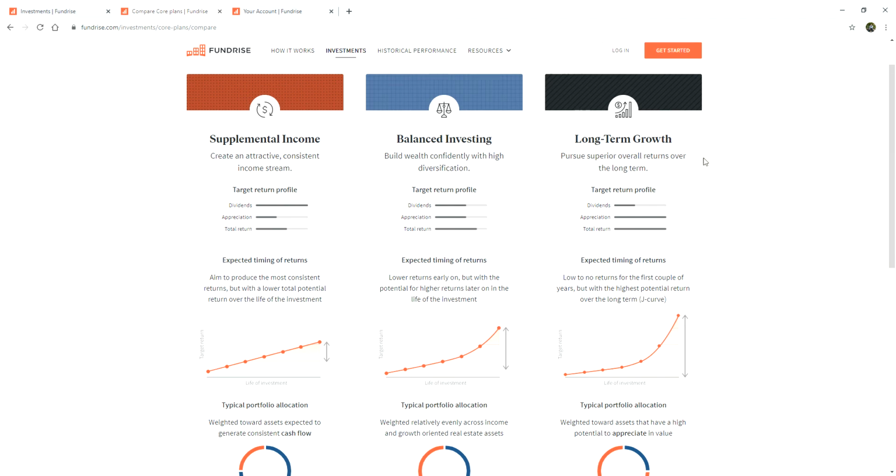The account that we're going to look at today is the long-term growth plus plan, which basically expects little to no returns during the initial life of the investment. But towards the end of the life of the investment, we're expecting a larger total return than either of these other core plans would offer.